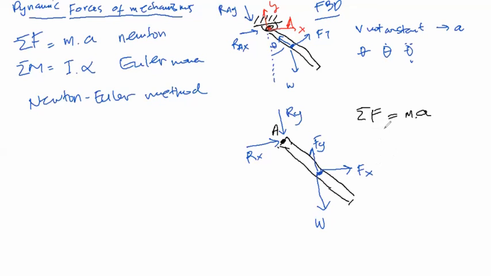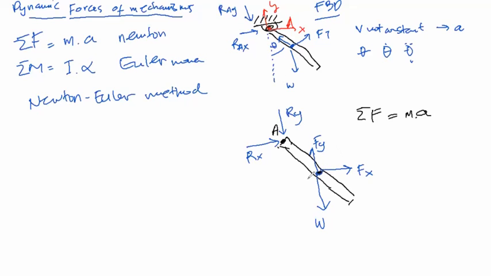So sigma F is equal to m times A. The question is, what is A here? A is the linear acceleration of which point? This point, the center of gravity.